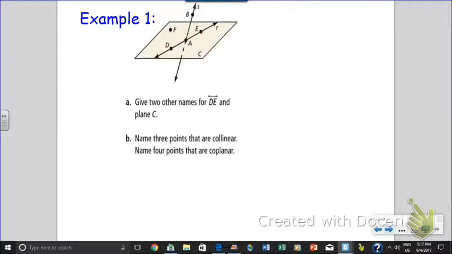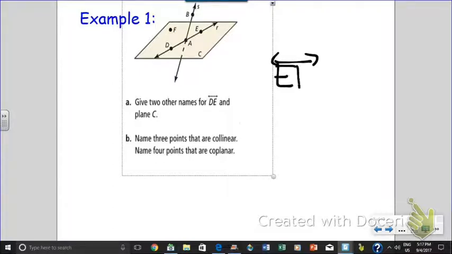Again, any 2 points to name the line. So line ED, we could also name it line R as 2 examples.